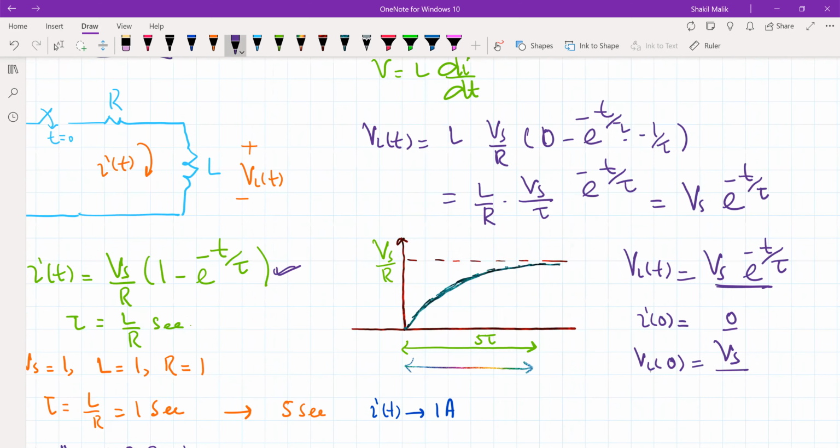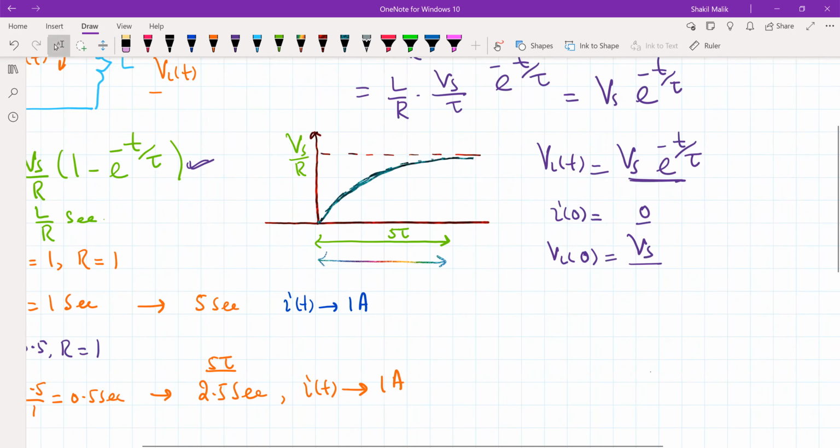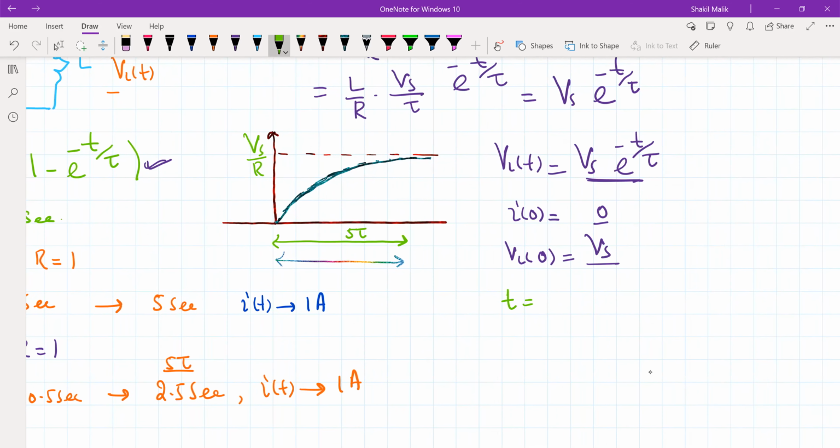When you connect this switch in the circuit, the current is equal to 0, which means there is no drop across the resistor, and all the voltage appears across the inductor. When will the current be 0? When the inductor is behaving like an open circuit. So at t equal to 0, when you connect the switch in this RL circuit, the inductor behaves as an open circuit.